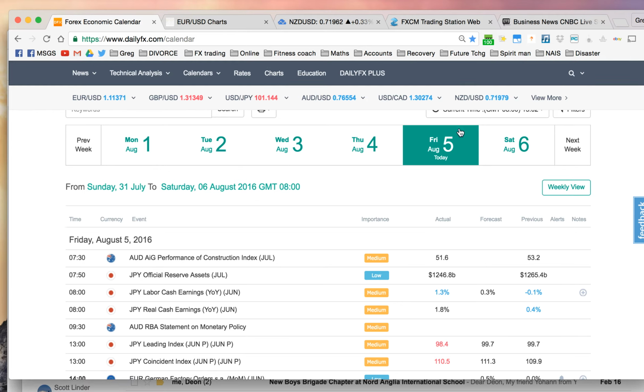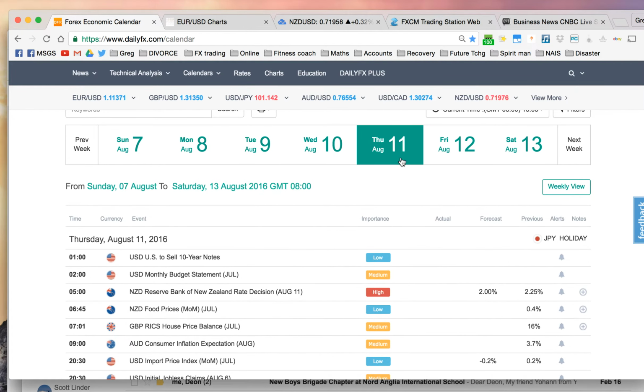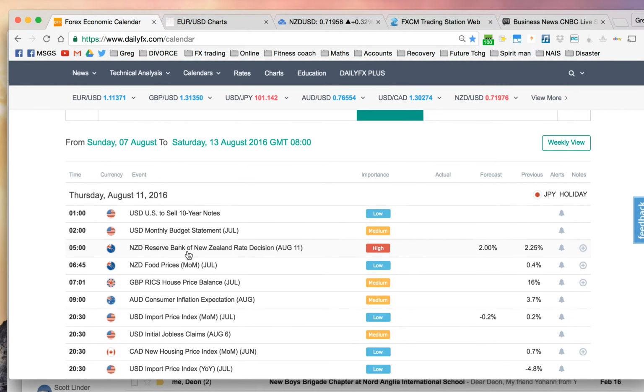And next week, for my trade, there's also an event on Wednesday or Thursday that's very important. You can see here the New Zealand dollar interest rate decision, because currencies will move in comparison to their data, positive or negative, and in comparison to stock markets, positive or negative, and in comparison to interest rates, which country has the higher interest rate or lower interest rate.